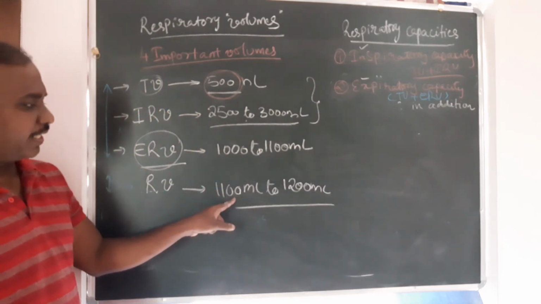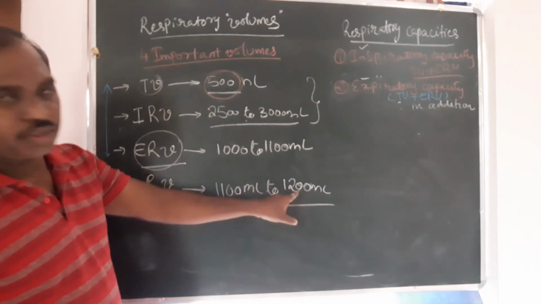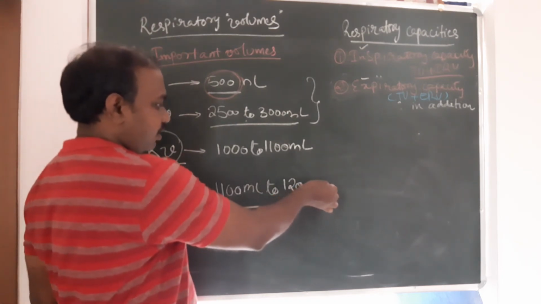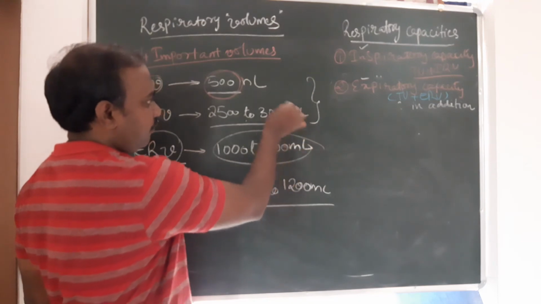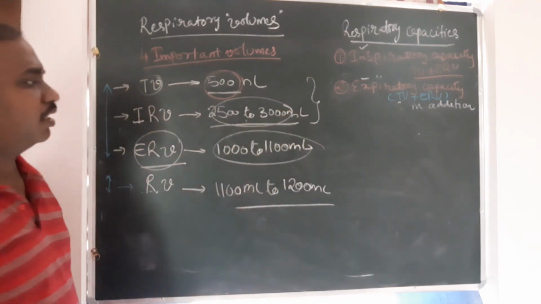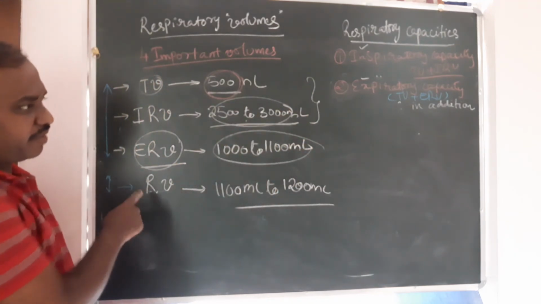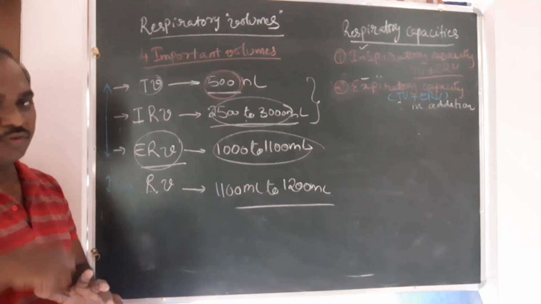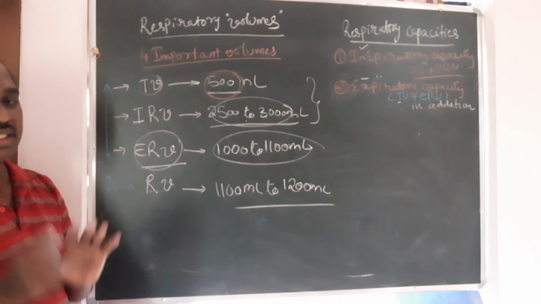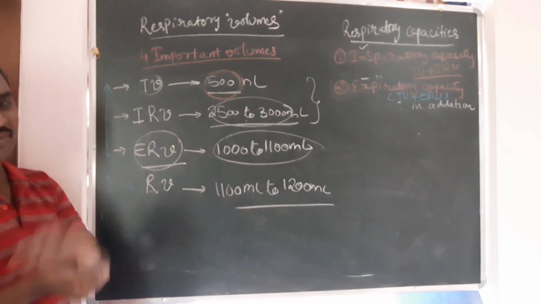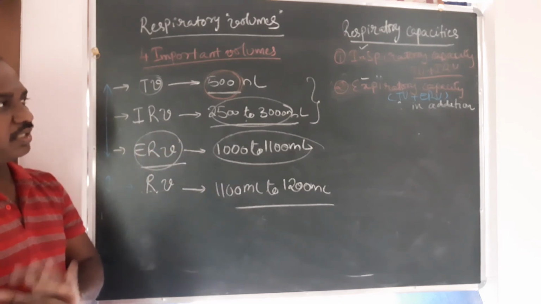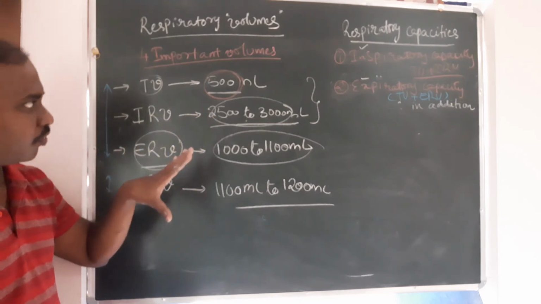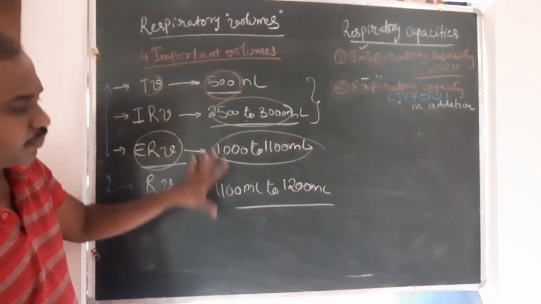Very easy, right? 1100 to 1200 ml. So the difference between these is the reserve value, right? This, as a matter of fact, can be explained if we had been in a classroom situation with the help of a balloon, right? That can be explained. I'm going to come to that now. So hopefully we are clear about the capacities.